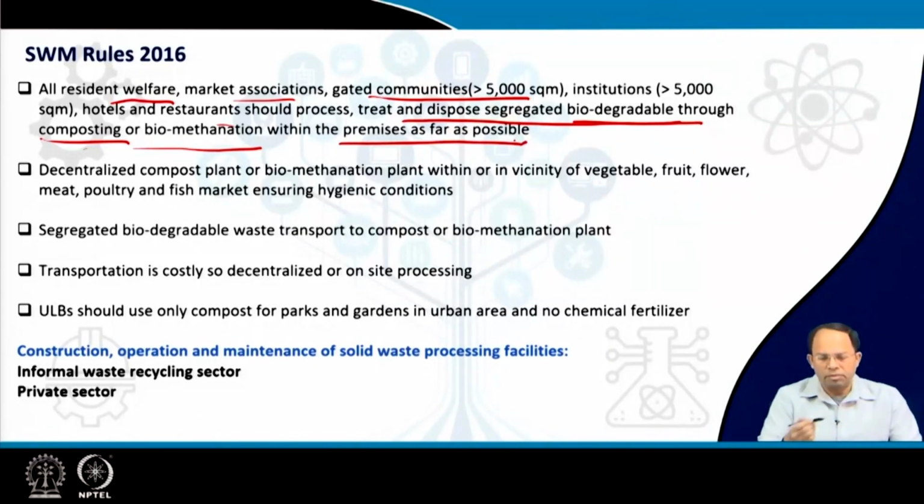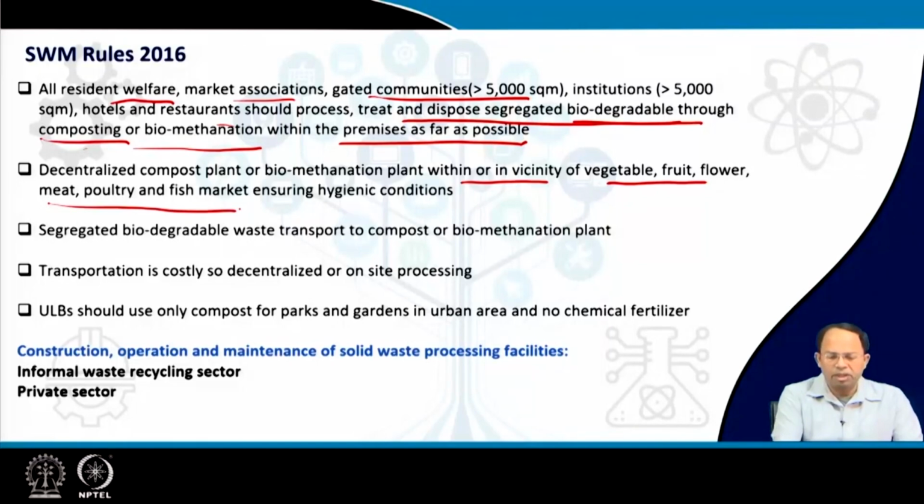So a welfare association or a colony should try to do the composting within its boundary itself, but if not, then it can also look into options of decentralized composting or composting at the ward level. Now, a decentralized compost plant or biomethanation plant should be within or in the vicinity of vegetable, fruit, flower, meat, poultry and fish markets, ensuring hygienic conditions.